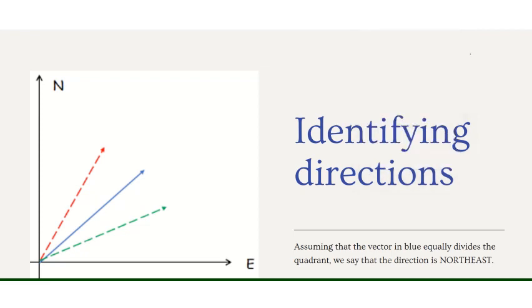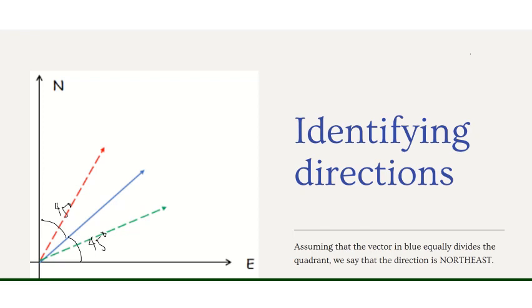Here, you can see north and east is a perpendicular line, so they have a 90-degree angle. If the blue line divides north and east equally, we can say that this is 45 degrees, and this is also 45 degrees, right? So we don't have any problem with that, which is why we call it northeast.